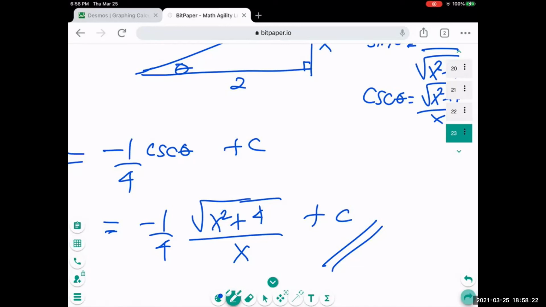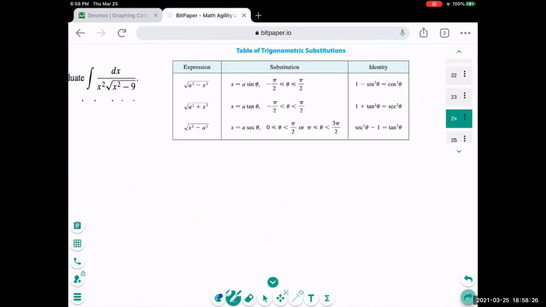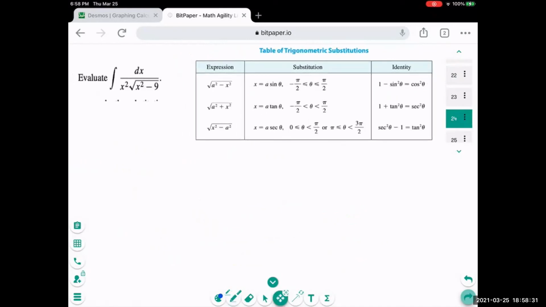All right, so this is example number 2. Let's move to example number 3. Okay, so this is example number 3. This time, look at the expression in our integral. The first is the variable x and our constant is negative. So we will use the third expression, x squared minus a squared, which is what we saw in the integral.